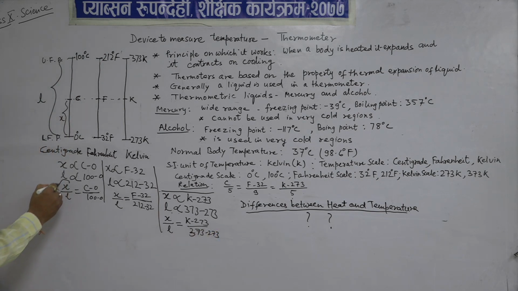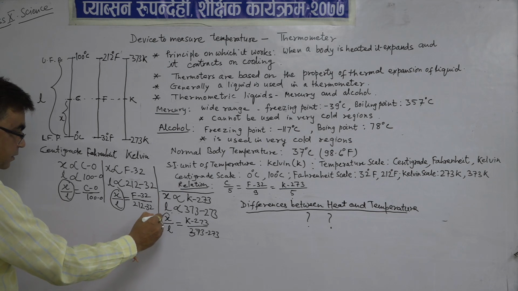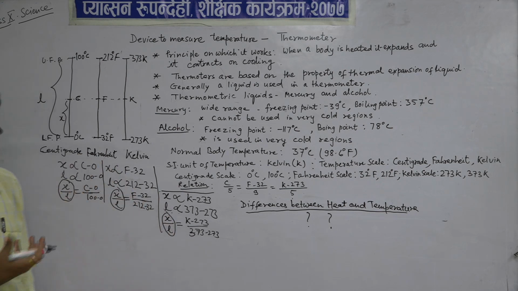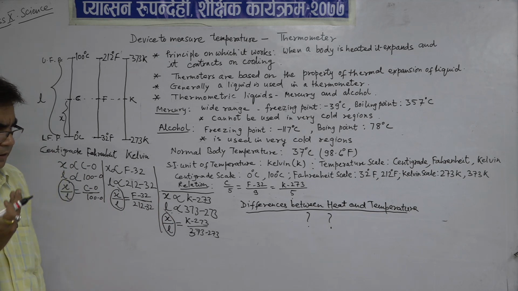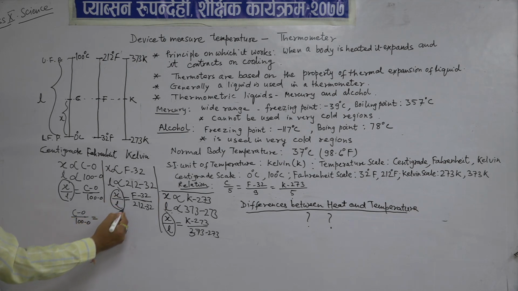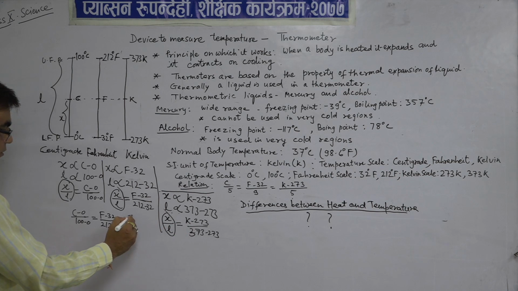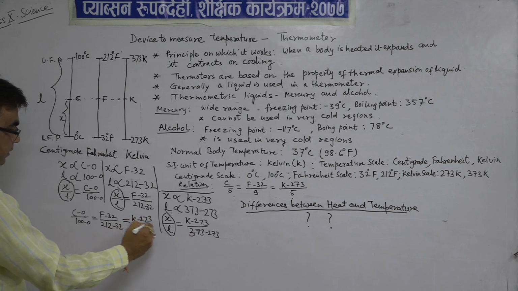Now look here, this is x upon L, this is also x upon L, this is also x upon L. All these three are the same, x upon L. So we can write for this x upon L, C minus 0 upon 100 minus 0 equals F minus 32 upon 212 minus 32, and this is also x upon L, K minus 273 upon 373 minus 273.